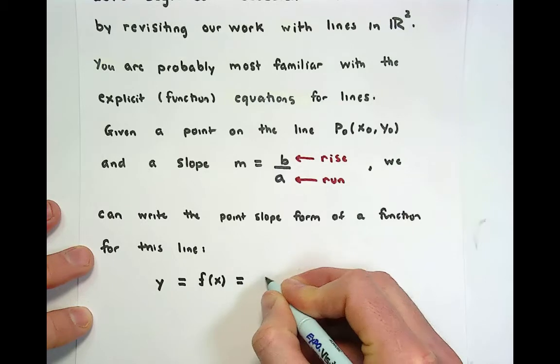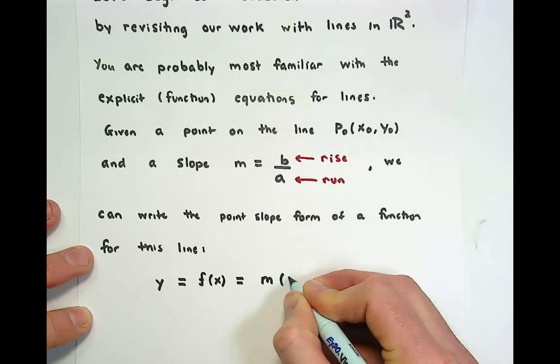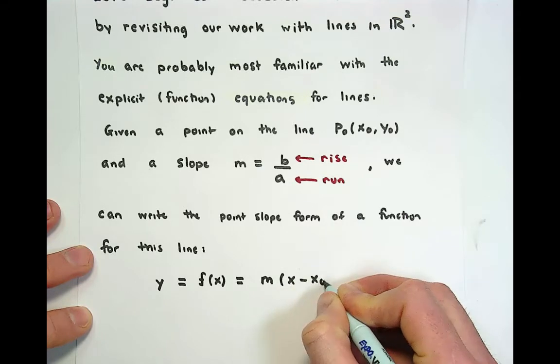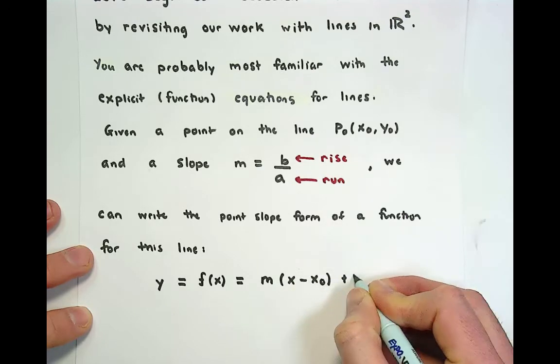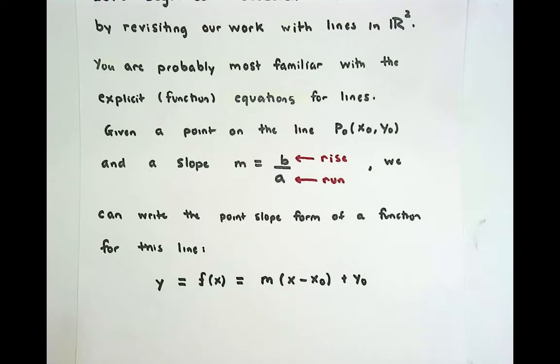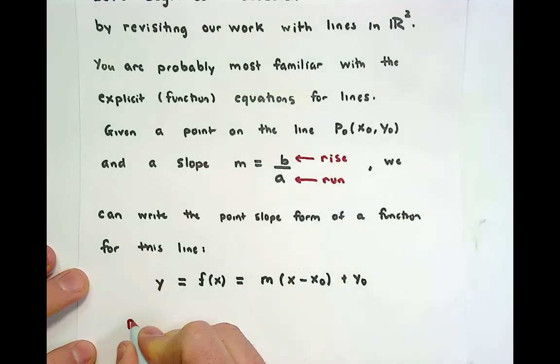And generally we write this as the slope m outside of x minus x0 plus y0. And this explicit function has a very famous name. This is called the point slope form of a line.